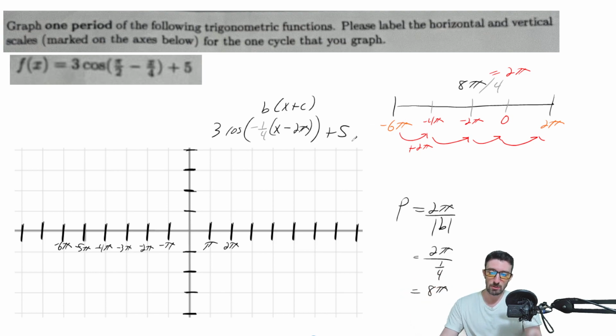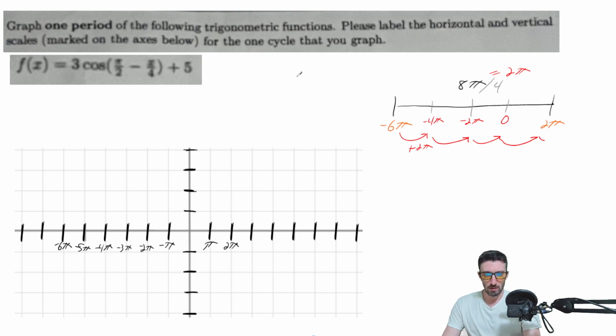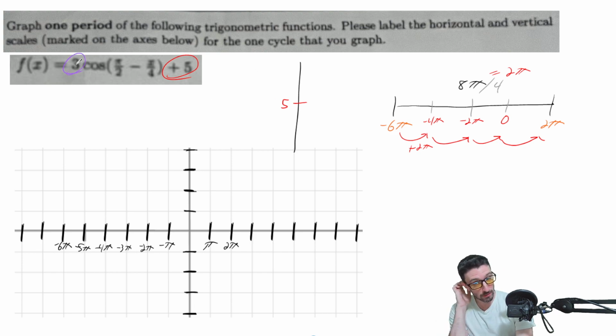But now I need to keep track of what's going on with my y values. And the nice shortcut for y values is just take whatever the number at the end is. That'll be your midline. We'll see a line for that in a second. And then the absolute value of that number there tells you how much to add and subtract.